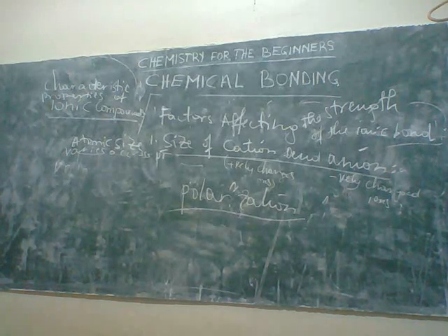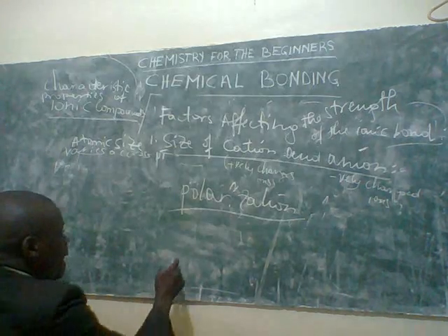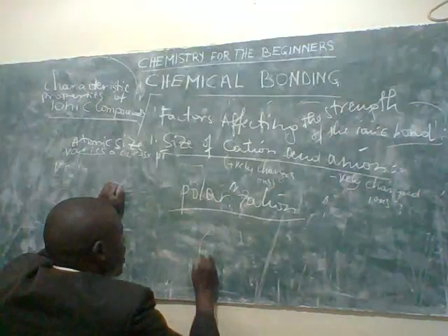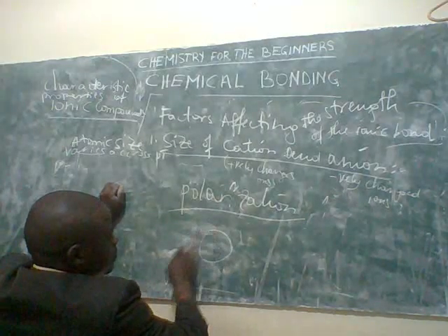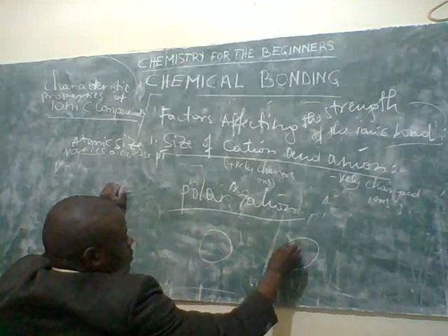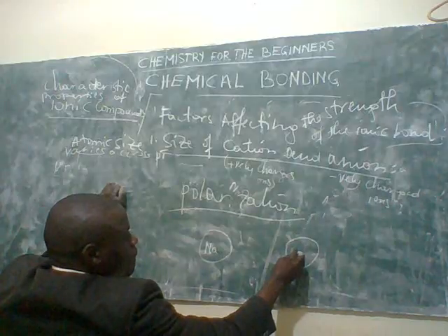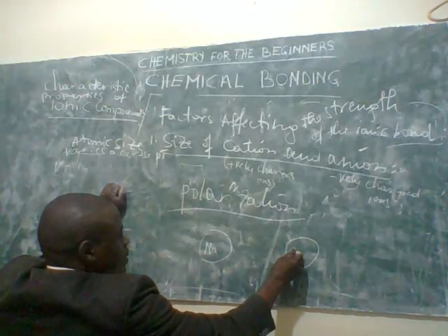when two oppositely charged ions come close to each other, there is some reaction there. For example, if this is an atom, and this is another atom, maybe this one is sodium and this one is chlorine.